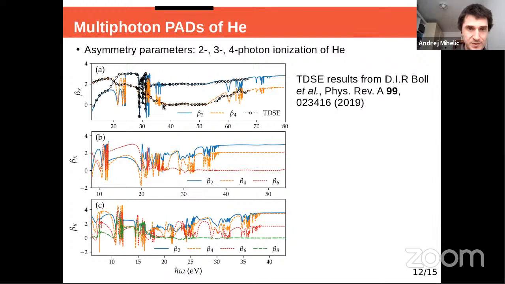So here you see the points which practically coincide with our results. And again, there are some differences, but those differences can be easily attributed to the broadening which comes in because of the finite pulse duration, because the values that were extracted in this article were extracted actually from the wave packet.